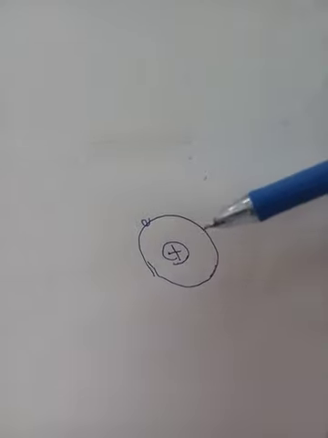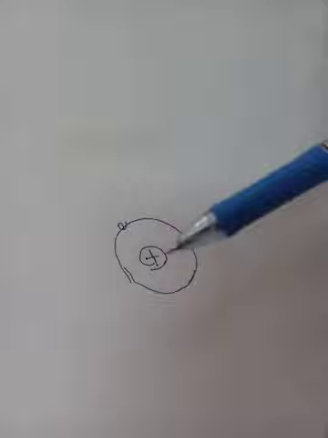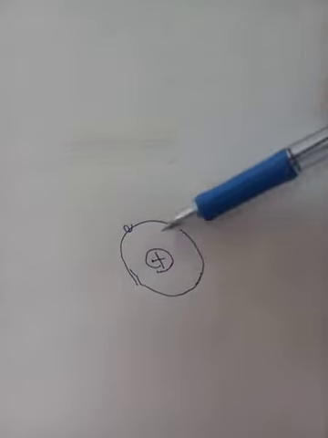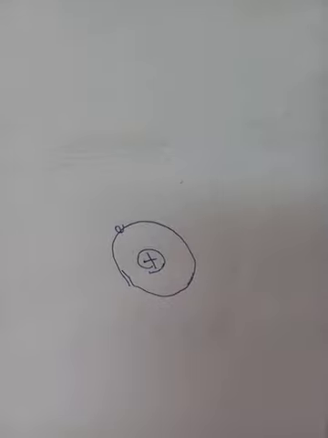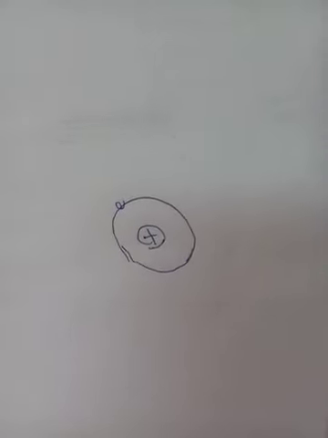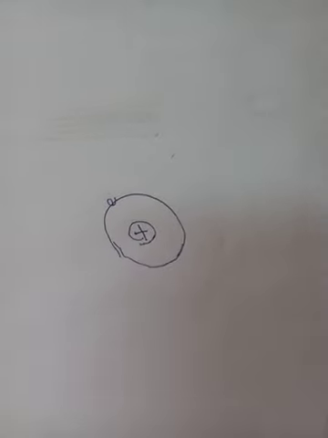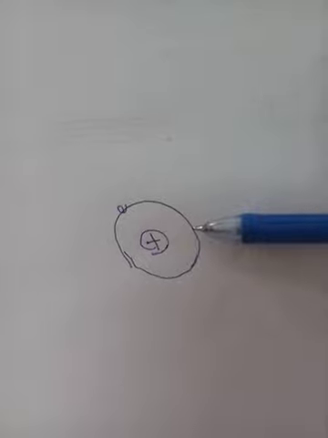This means Bohr said that the motion of the electron is unidimensional. The electron revolves only along one dimension, but that was totally wrong. Later experiments and discoveries by scientists proved that the electron does not revolve in a single plane.